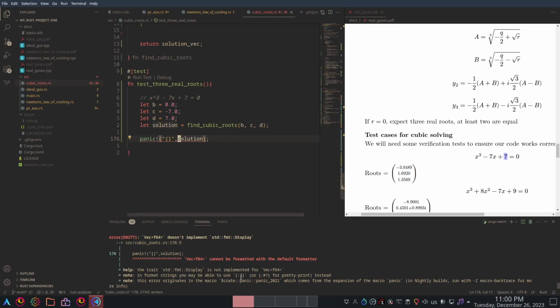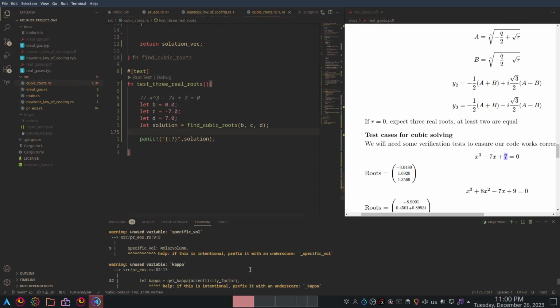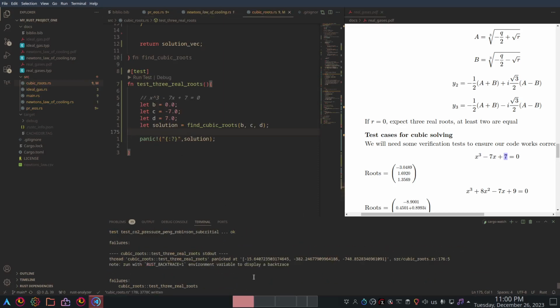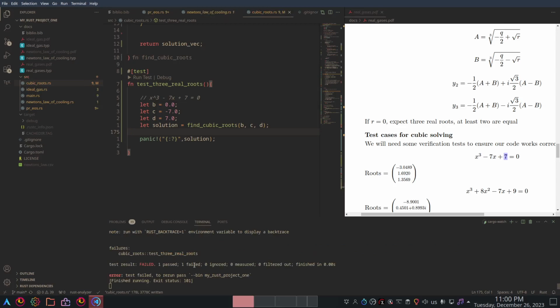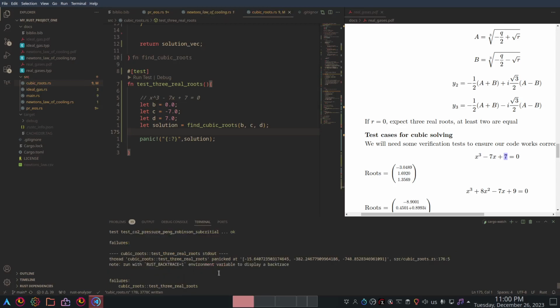They are suggesting using the colon and question mark right here. All right, so what does this say? Okay, it panicked at this. Well, look at the roots now: -15, -382, -748. So something's obviously wrong.